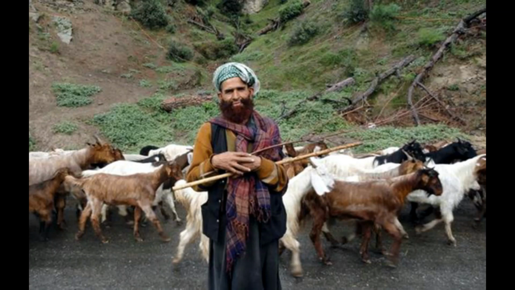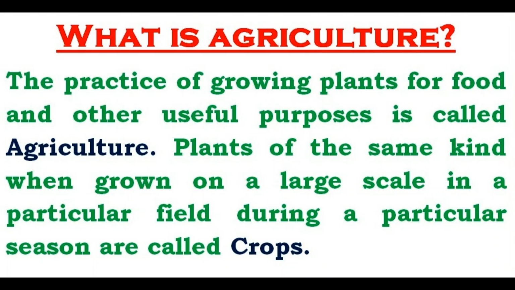Later, when they cultivated land, agriculture was born. So what is agriculture? The practice of growing plants for food and other useful purposes like spices, medicines, etc. The practice of growing plants for food and other useful purposes is called agriculture.